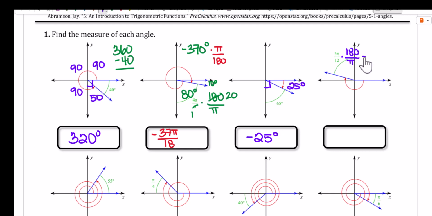And feel free to use a calculator on some of these. Okay, so here if I said 5 times 180 and then I took that and divided it by 12, I'm going to get 75. So here I have 75 degrees. That's the measure of this reference angle. So here, that means if this is 75, this itty bitty angle is 15 degrees.